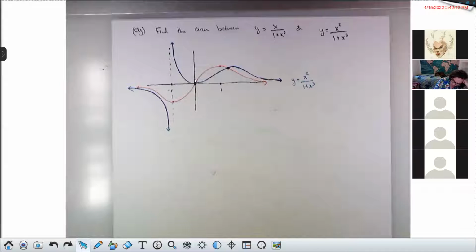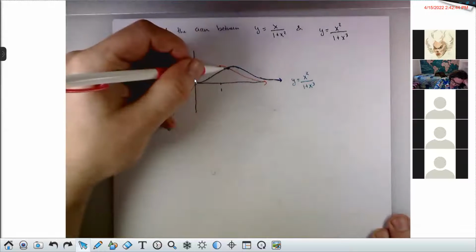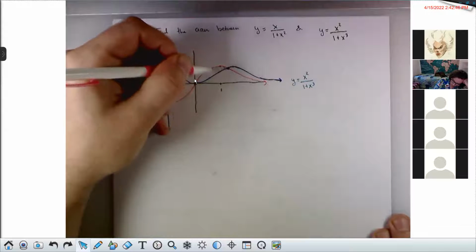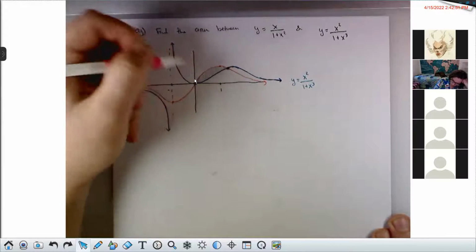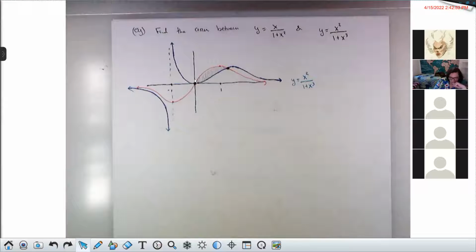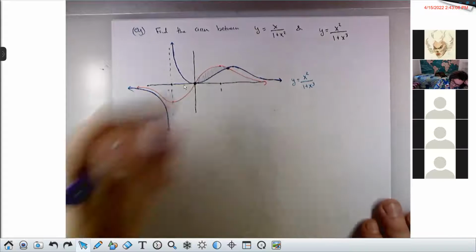So the area I'm after is this. Which means my red curve is going to be my upper curve, and my bluish curve is going to be my lower curve. I may wish I could have shifted this around a little bit, but it's going to be just fine. So I need to find the intersection points.